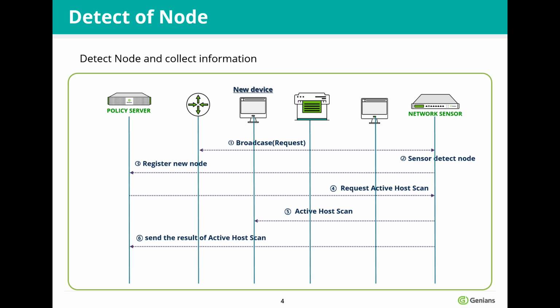The network sensor forwards the collected information to the policy server. Lastly, the policy server uses the gathered information to classify the device type: whether it is a PC, printer, switch, router, or something like that.